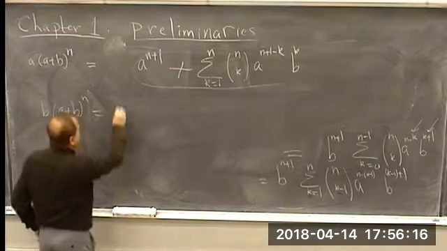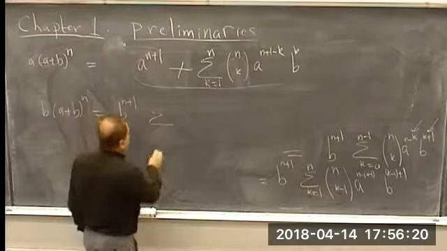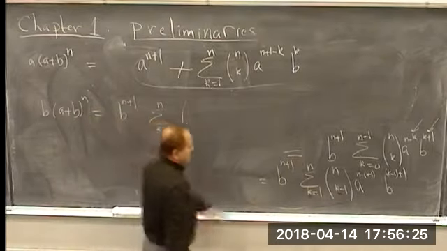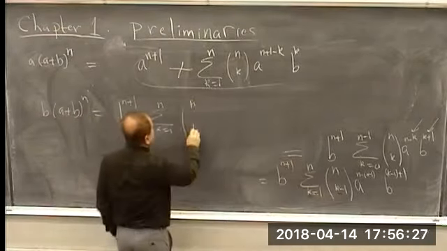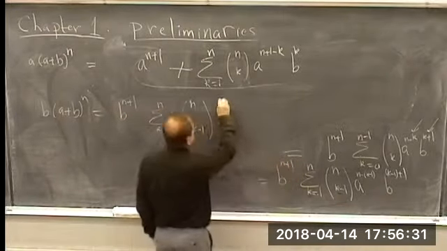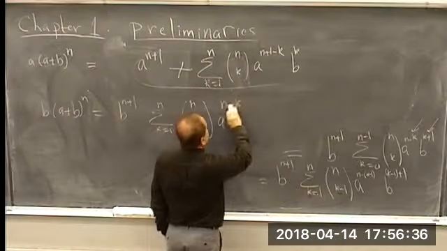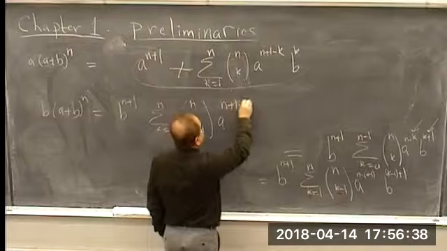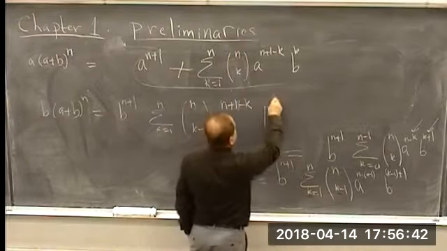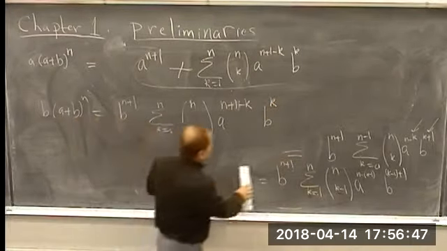So we have b to the power n plus 1, and the summation goes k equal 1 to n, and this is nice, binomial n, k minus 1, and the a becomes a to the n minus k plus 1, and the b to the k.